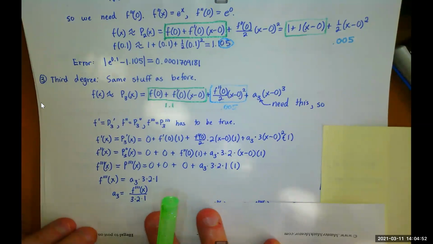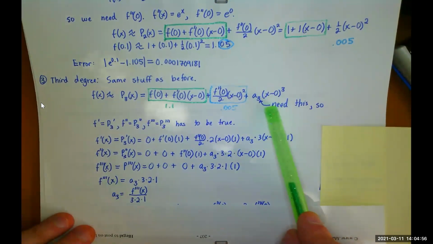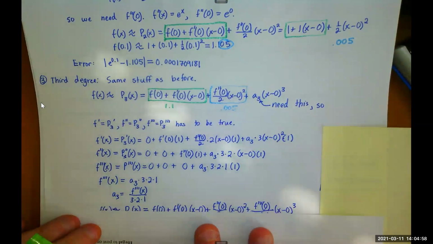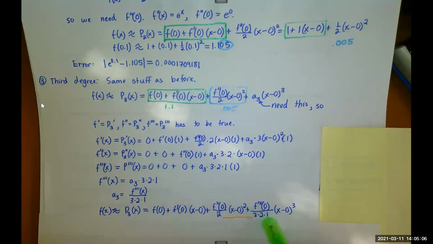So that means we can finally go back to our formula from all the way up here and replace a sub 3 with something we can actually work with. F triple prime of 0 divided by 3 times 2 times 1.